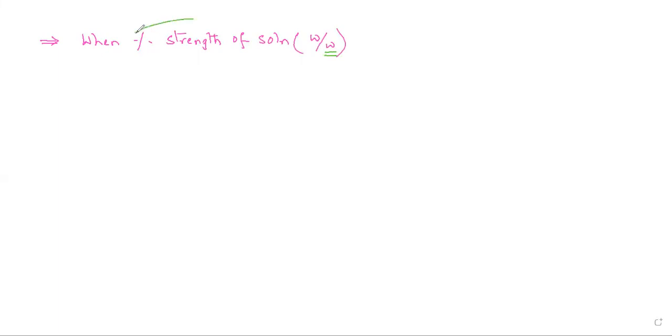Because it refers to amount of the solute present in 100 gram of the solution. Now that 100 gram of the solution has to be converted into volume for calculating molarity. So for that sake, we need other things like density or specific gravity. You need to be little careful.